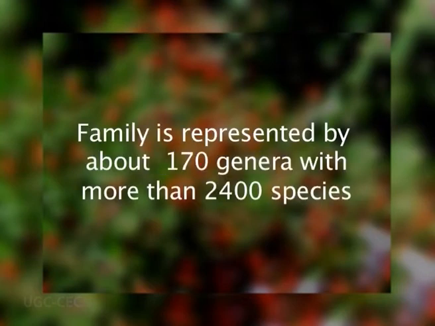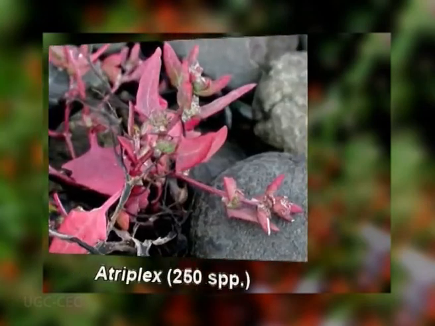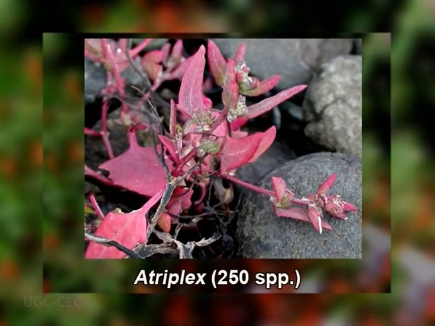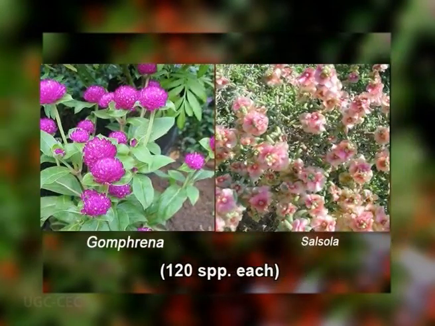After discussing the phylogeny of this family Amaranthaceae, now let us discuss the fourth component of today's lecture, that is the diversity. At present, the family is represented by about 170 genera that are distributed within 2,400 species. Some of the species-rich genera in this family are Atriplex, having 250 species all over the world, followed by Gomphrena and Salsola, having 120 species each.